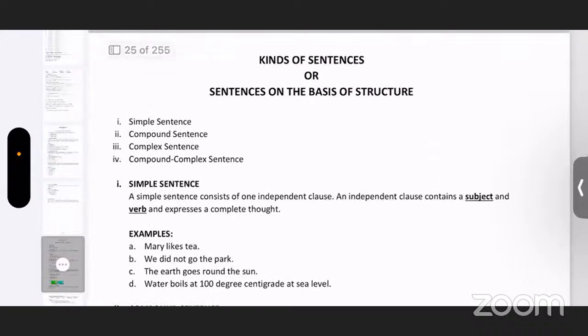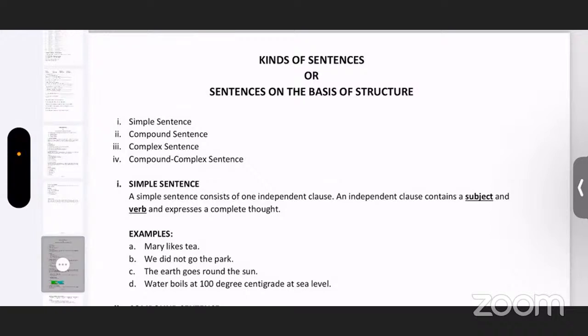Now, when I started talking about the kinds of sentences, there were different categories: declarative, imperative, interrogative, exclamatory. Then we have another category of sentences. We're going to divide the sentences accordingly. First is the simple sentence, then the compound. I talked about that earlier when we were talking about conjunctions.